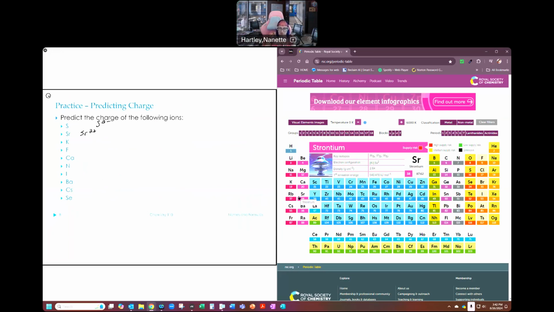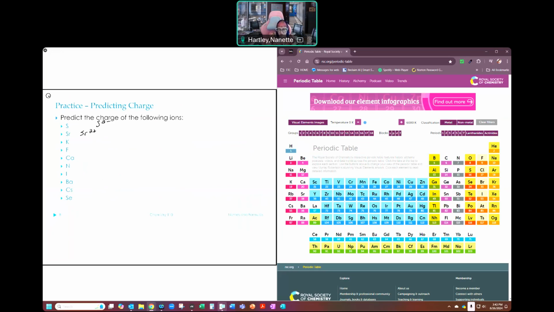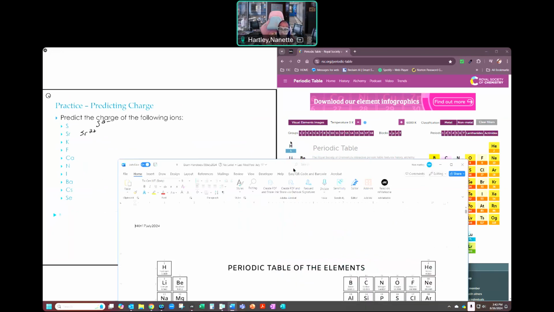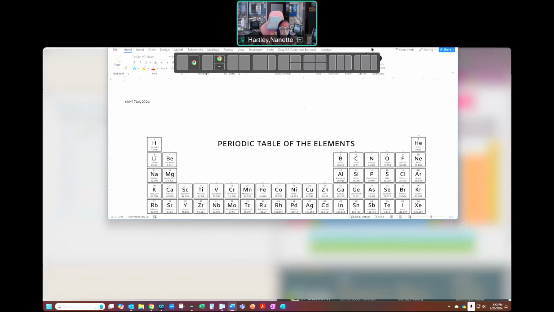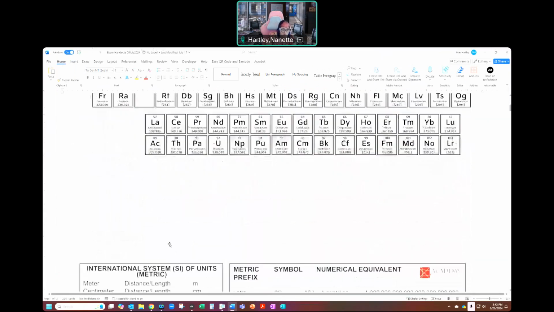Okay. Now, is it easy to find these things? Not always. One of the things I'll show you is in your exam handouts. Find the exam handout, sorry. It may not be that easy to find the things you're looking for on this periodic table. It may be hard.